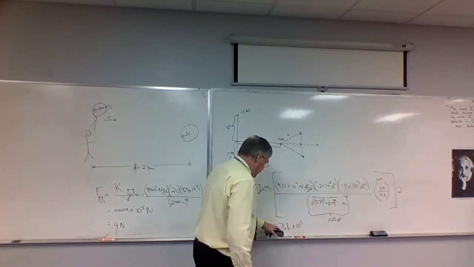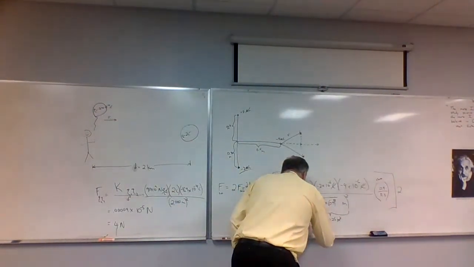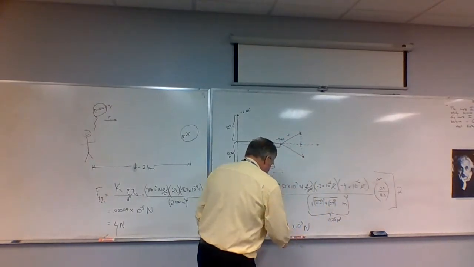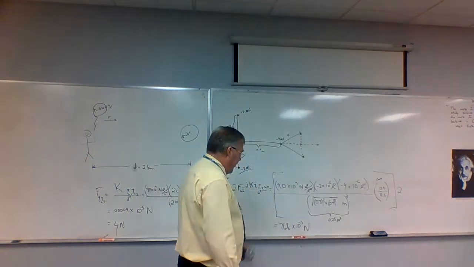That's where I got that. 768 times 10 to the minus 3 newtons. And that would be 0.768 newtons.